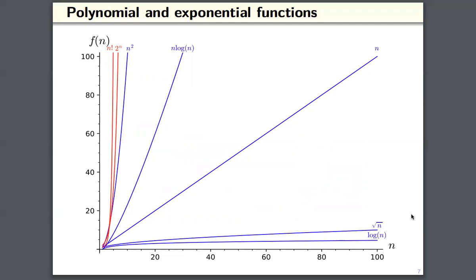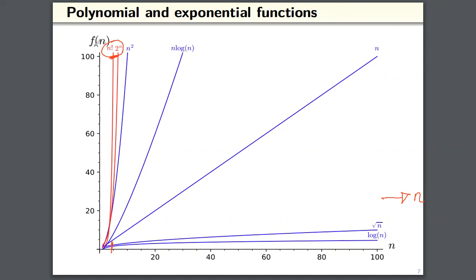Let's compare them. You see that n factorial and 2 power n are the slowest functions here. Slowest in the sense they take a lot of time, even for small input. This is the input size; when n increases, input size is increasing.